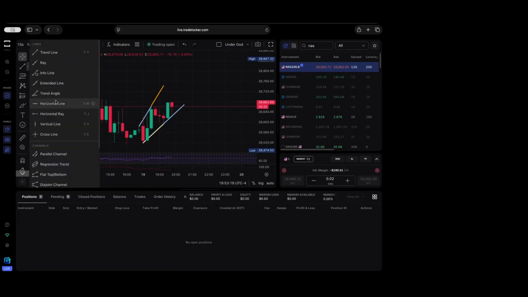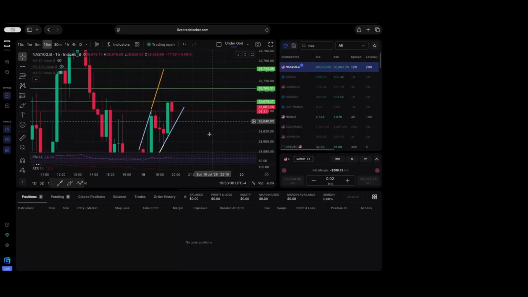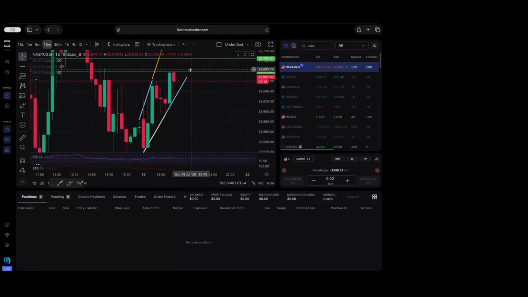Then I'm going to get my horizontal line. And then I'm going to build some targets here. So that being my top, middle being middle, and then technically here being that first. But as you can see, sorry, it would have been here.